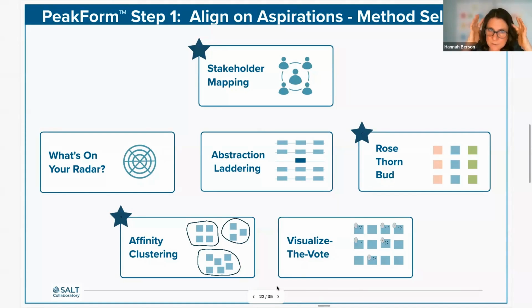When I'm in that first align on aspirations box in the model, I know that I'm going to be reaching into my design thinking toolkit, and I'm probably going to use some sort of combination of these 6 methods. What are they? The first one is stakeholder mapping. And I won't get into the specifics of the tool, but it's more than just your org chart.